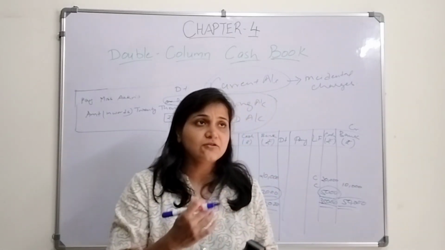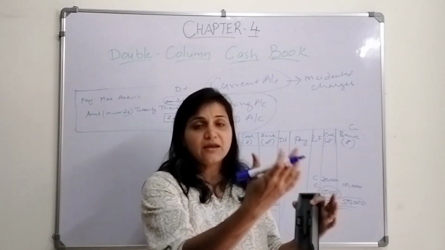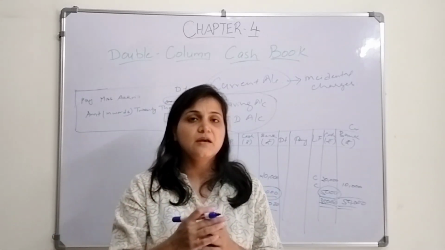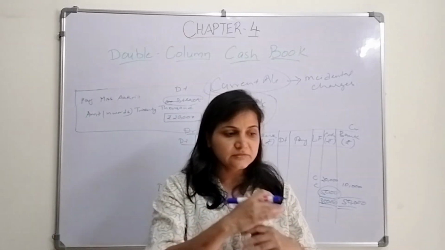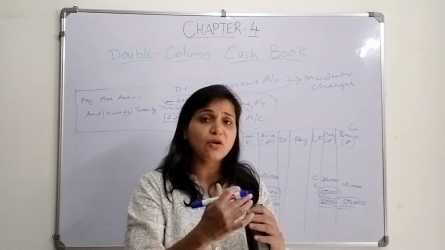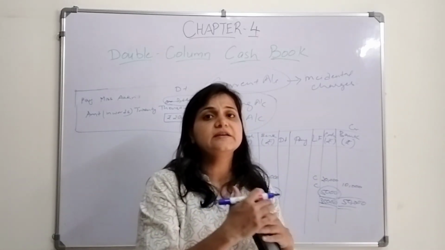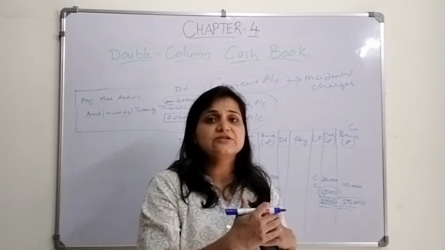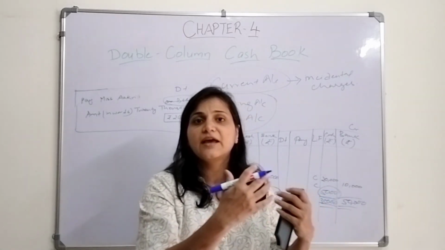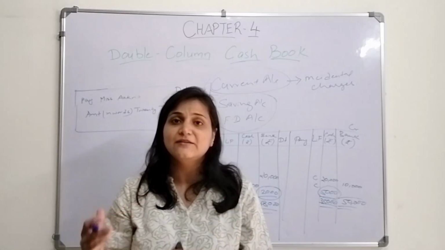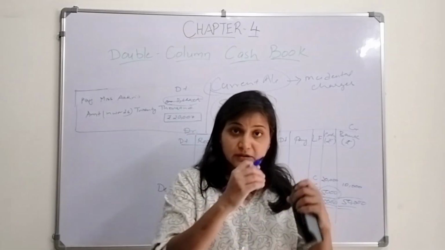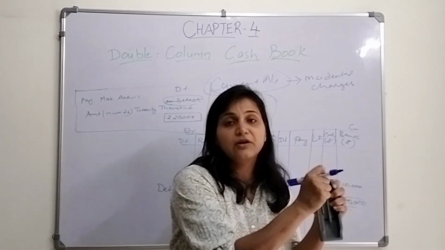Now, at times this also happens: I'm receiving a check from somebody, I deposit it in the bank, but that person doesn't have a sufficient balance. This is called dishonored. Dishonored means the check has been dishonored. That means that person does not have sufficient balance, and that is why the bank is not crediting that amount in my particular account.